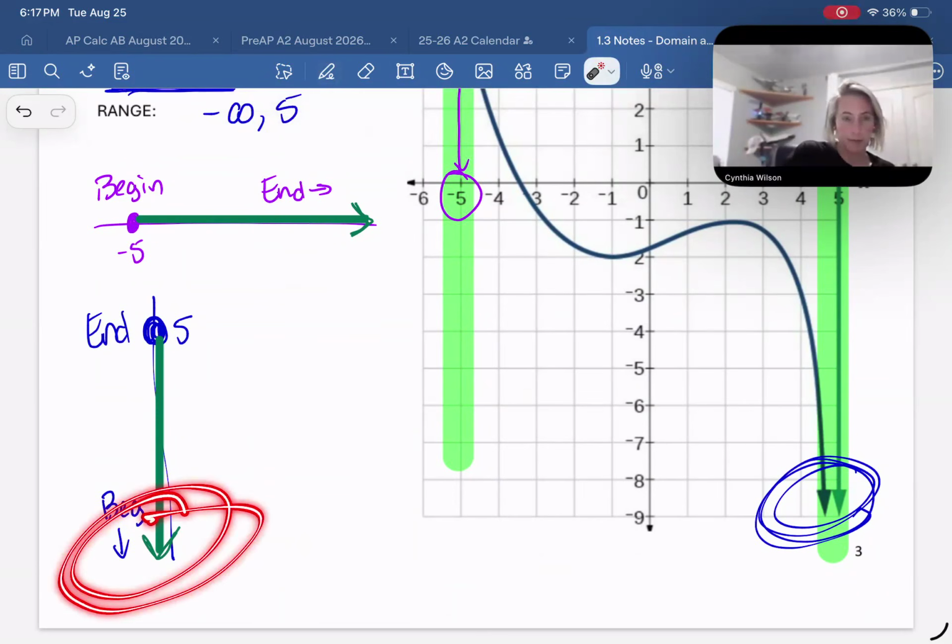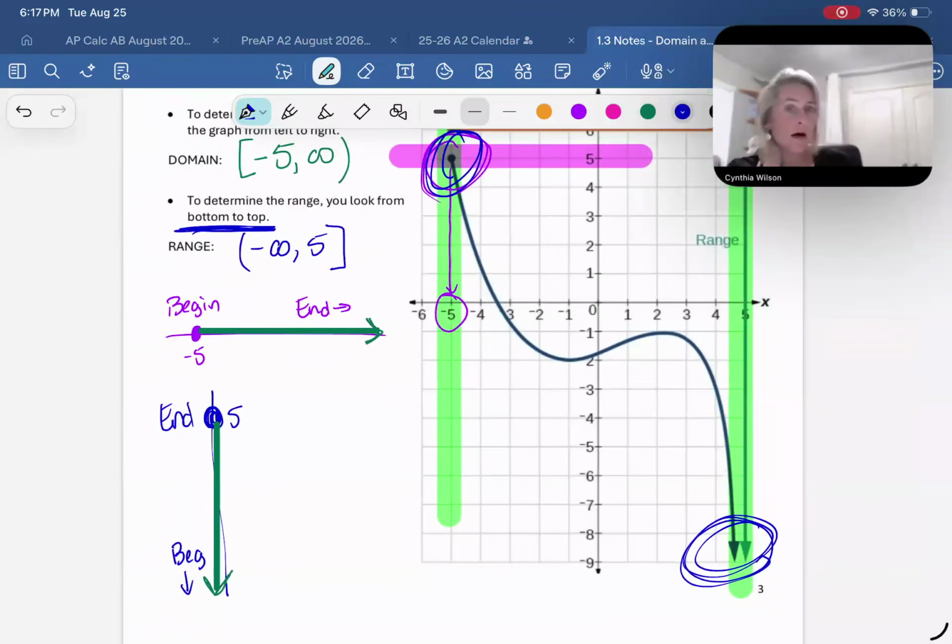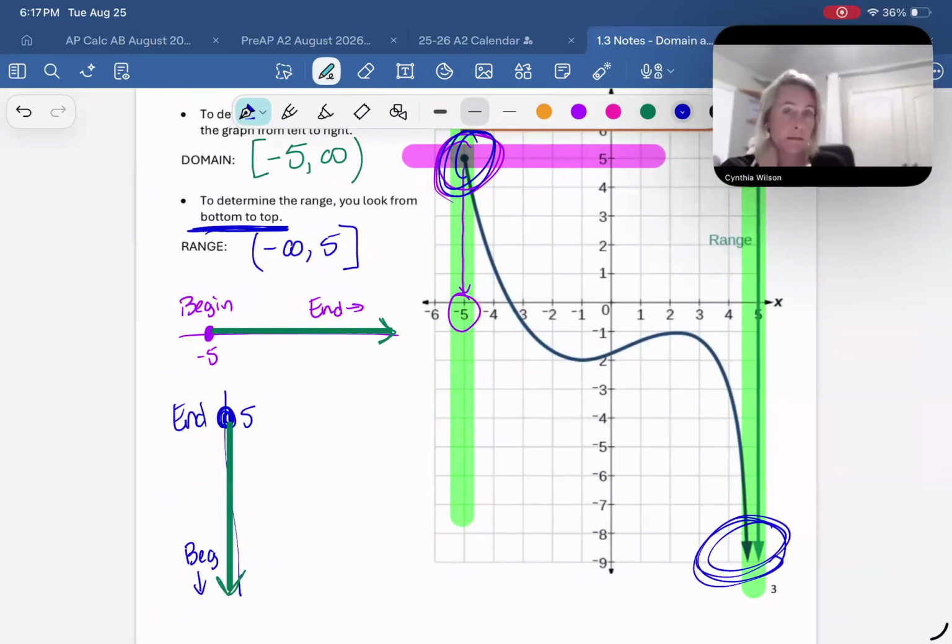Negative infinity to 5. So negative infinity gets a parentheses, and +5 gets a bracket. Your domain and range don't have to be the same.